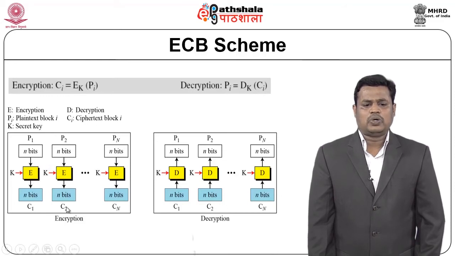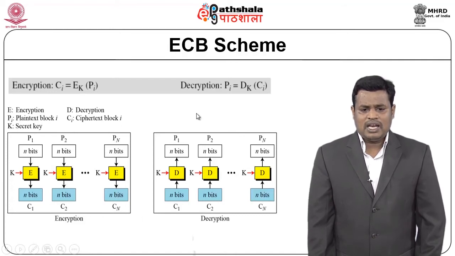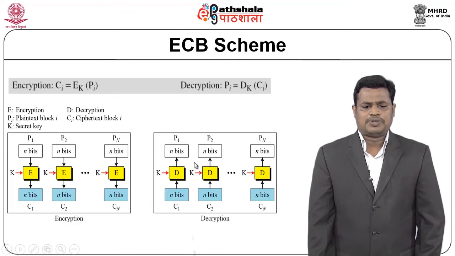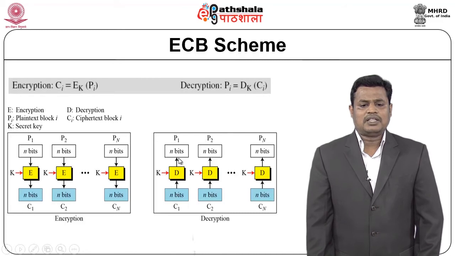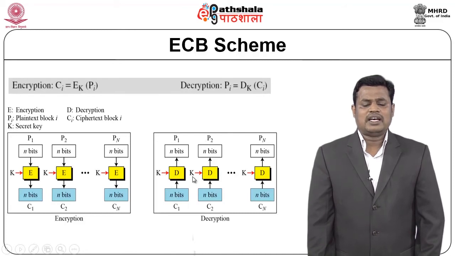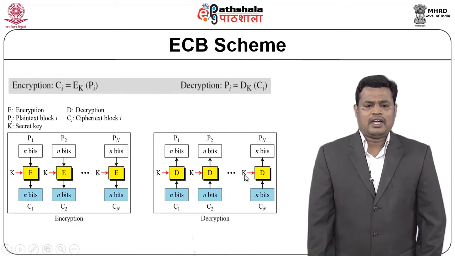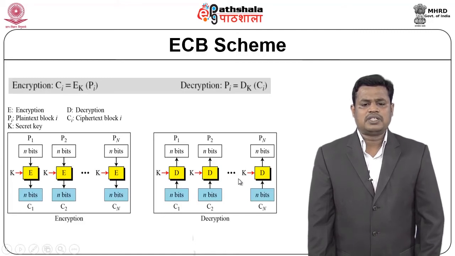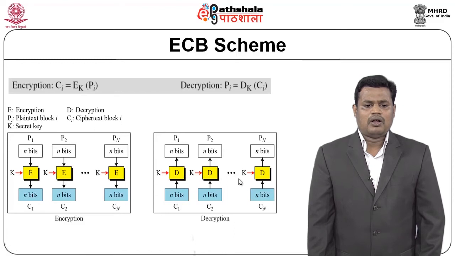For example, P2 is independently encrypted, P3 is independently encrypted, and every block is independently encrypted. Similarly, in the decryption process, it takes n bits of ciphertext and decrypts in the opposite direction, where every block uses the key K. As you can see, all the keys are the same, that is, they use the same key for all the blocks of the operation.